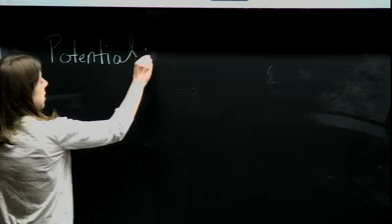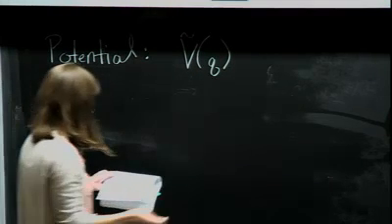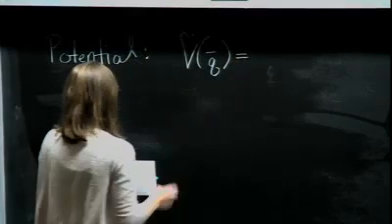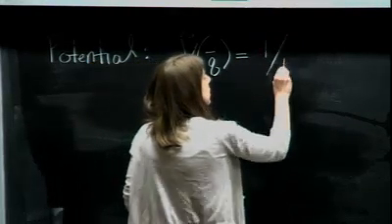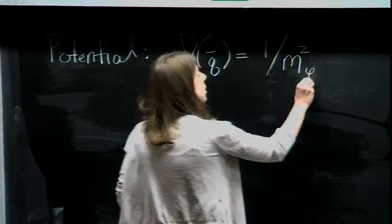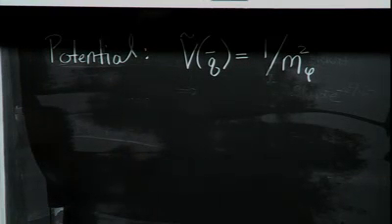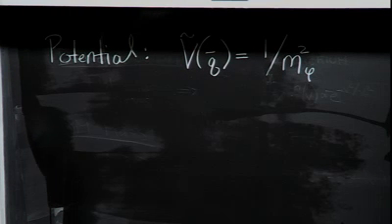And the only thing we're left with is the mass of the mediator. So the effective potential in this case has no dependence on the momentum transfer. It's just a constant, 1 over mass squared of the mediator.